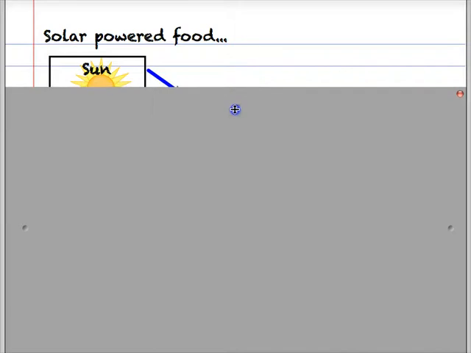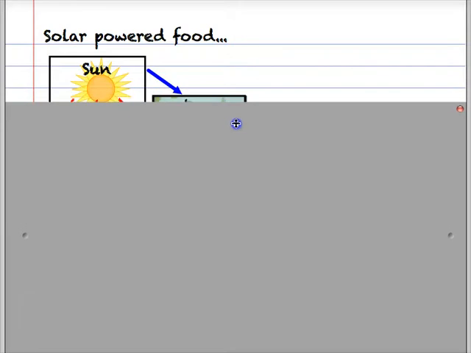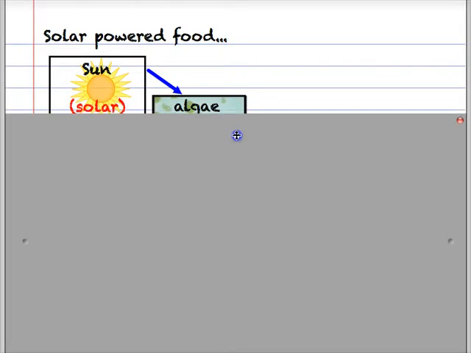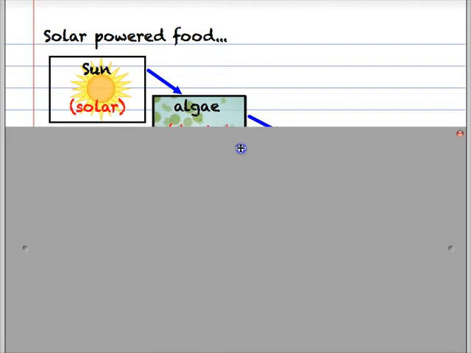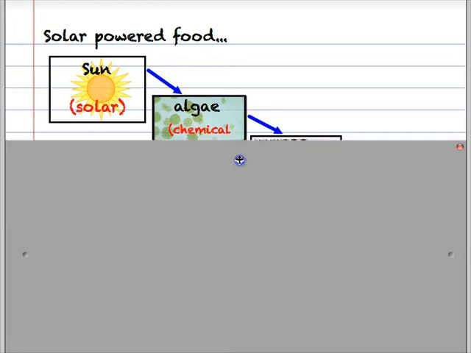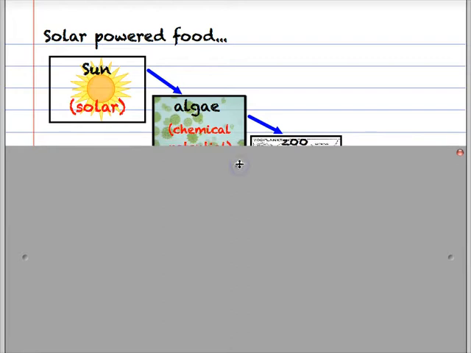So the sun's energy beats down on the earth and gives us solar energy, falls onto the ocean, and through photosynthesis, algae grows and gains chemical potential energy.